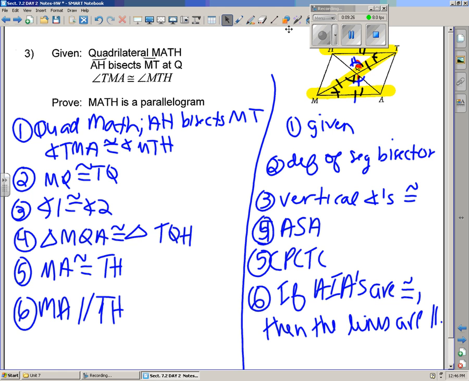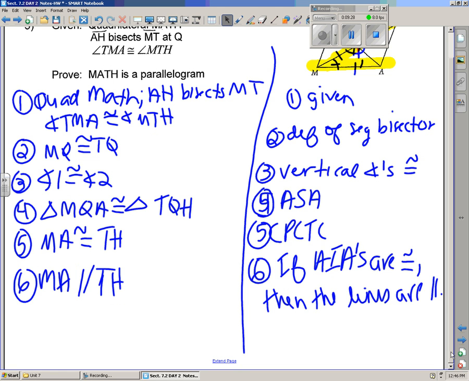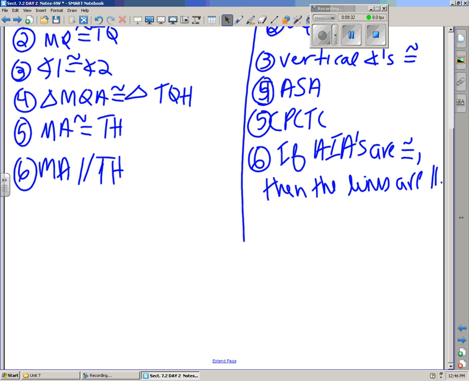That's enough then to complete this whole proof, because if you've got one pair of opposite sides both parallel and congruent, you must have a parallelogram.